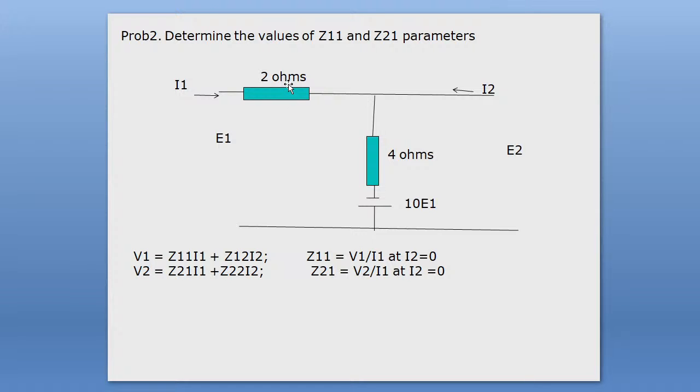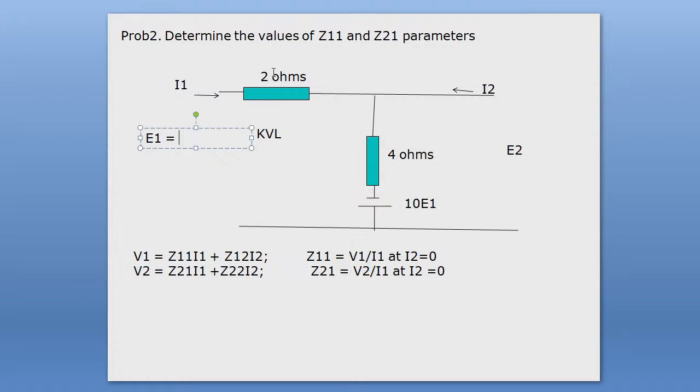So here we write the KVL for this case. Then what can you write? E1 equal to 2I1.